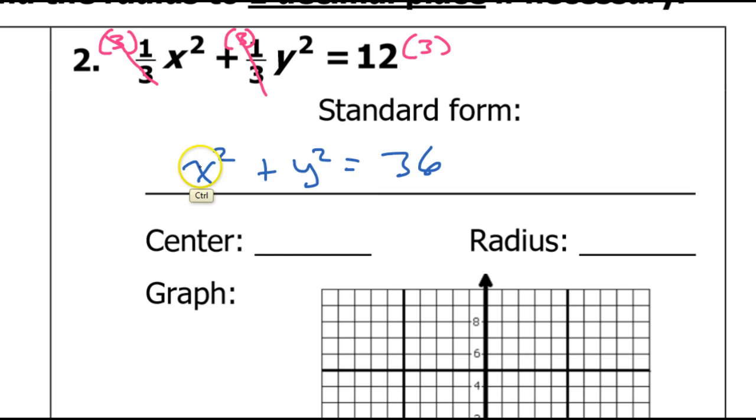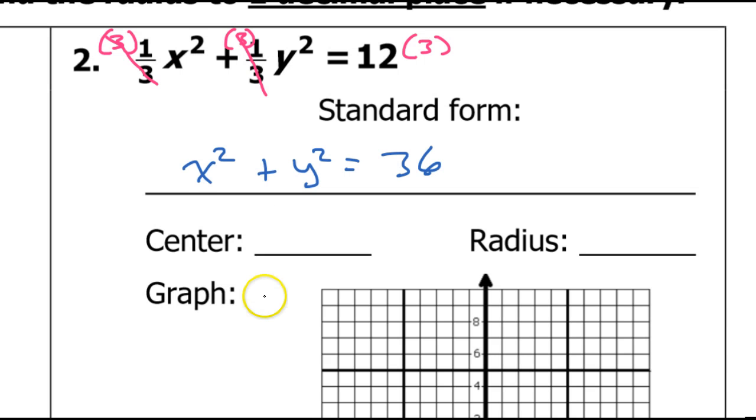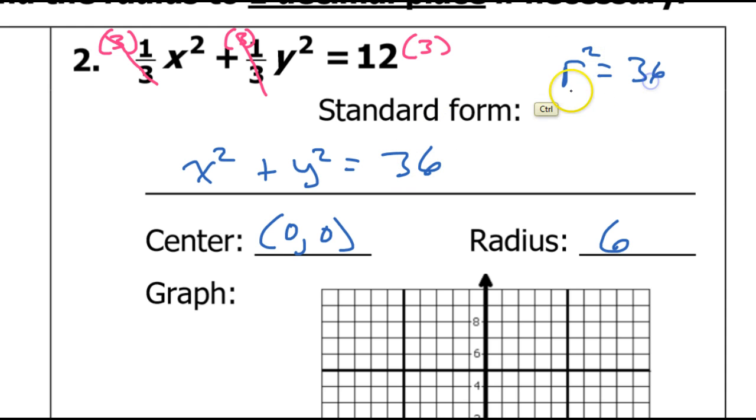All right, and again, the fact that I just have x squared and y squared with no number that's being added or subtracted tells me that it must be x minus 0, y minus 0. So again, the center is 0, 0. The radius will be 6 because the 36 is the radius squared. So technically, you could take the square root of both sides or just use your common sense.